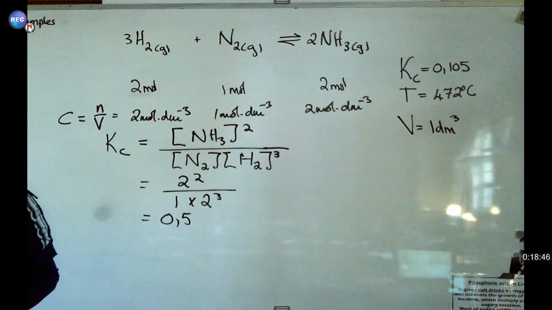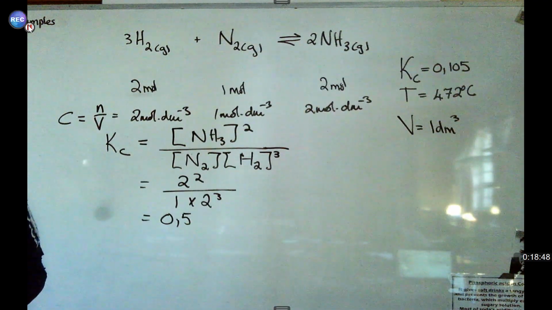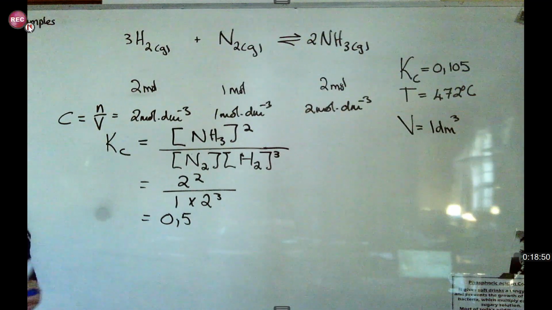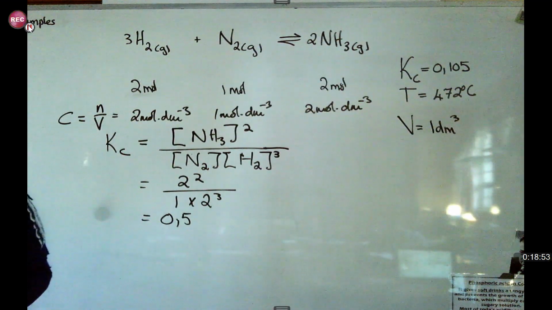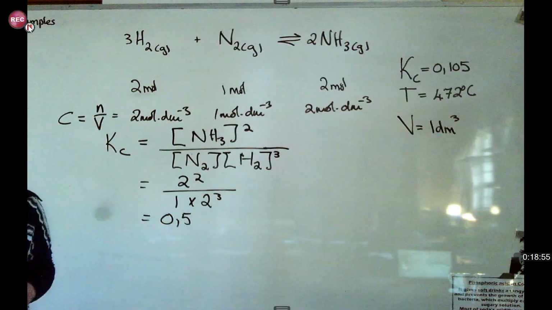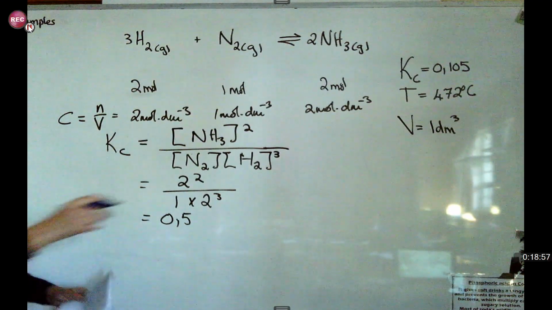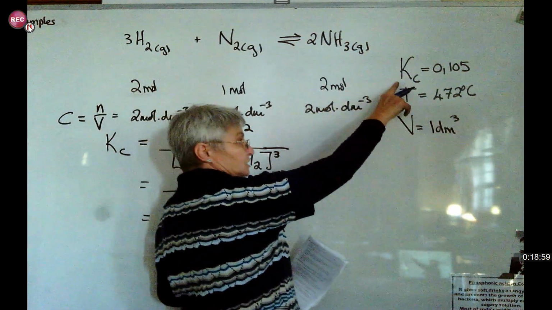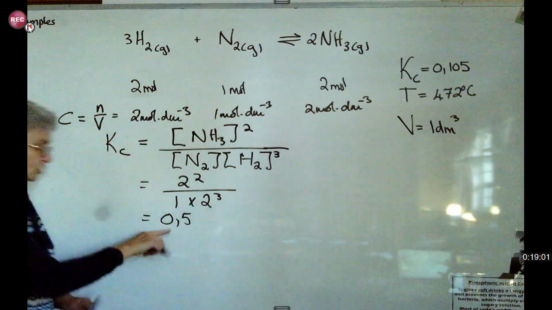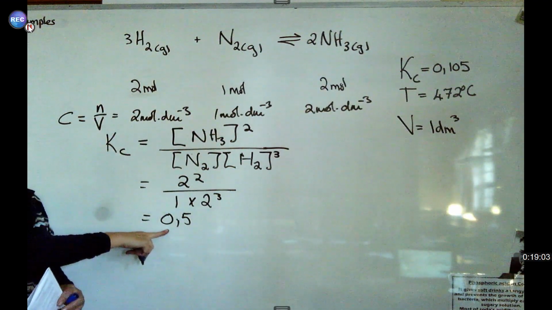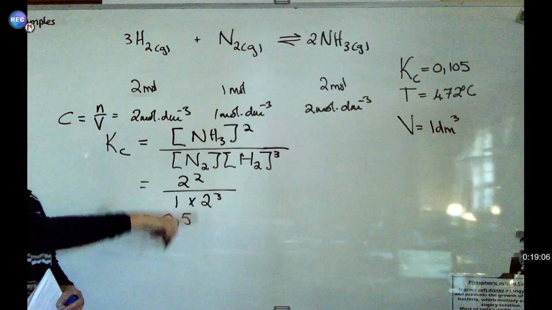And in which direction must the reaction shift to reach equilibrium? To the left. You see, this Kc value is very small, much smaller than this one. So it's too big.